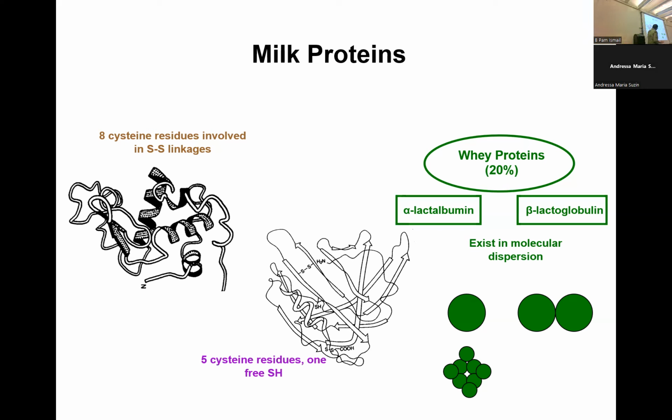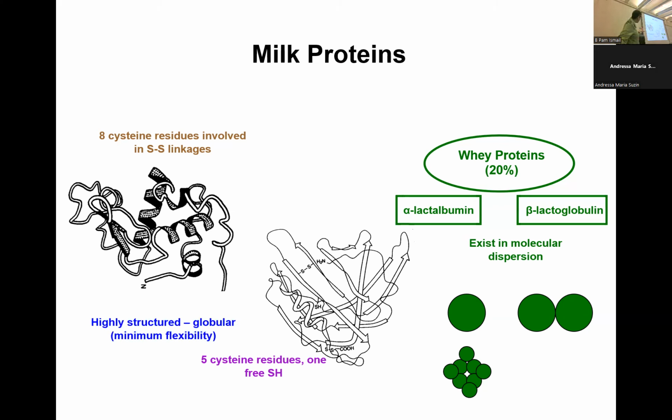Beta-lactoglobulin has 5 cysteine residues, so this gives us 2 disulfide linkages, one here and one there, and then 1 free SH. This free SH is mostly active and problematic, the trigger for disulfide interchange.